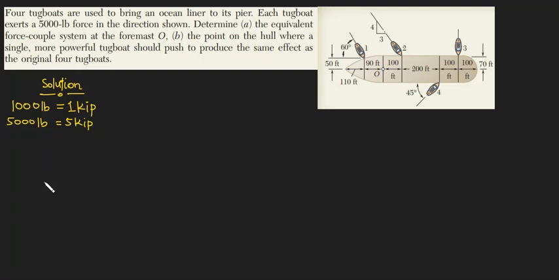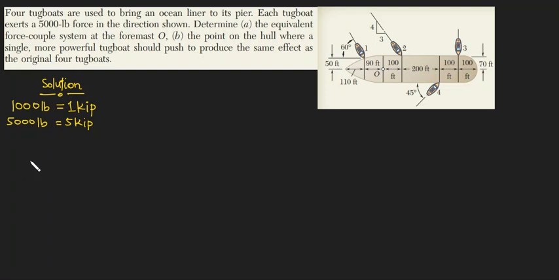So we are going to resolve this force into components, but you see that they are all placed at a specific angle. So that means that their components are going to be different, so you have to find the components of all these forces, and after that you sum them together to find the components of the resultant force.